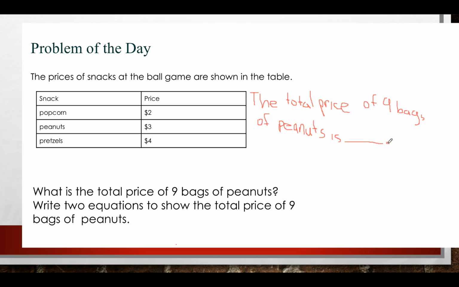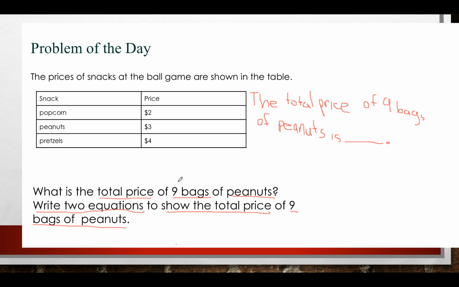Now let's go back and find the key information. All right, first of all, the key information that we need is to find the total price of 9 bags of peanuts. And then we need to write 2 equations to show the total price of the 9 bags of peanuts.